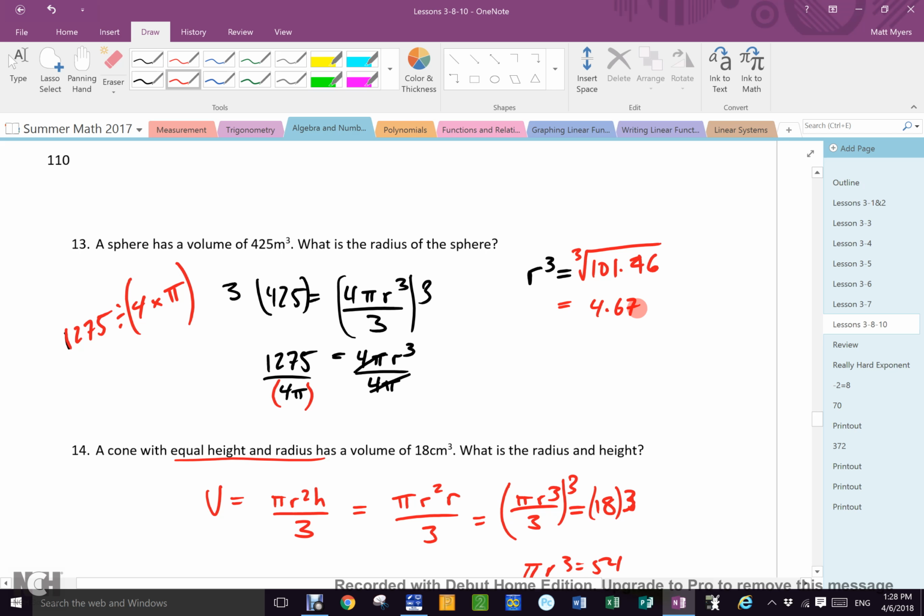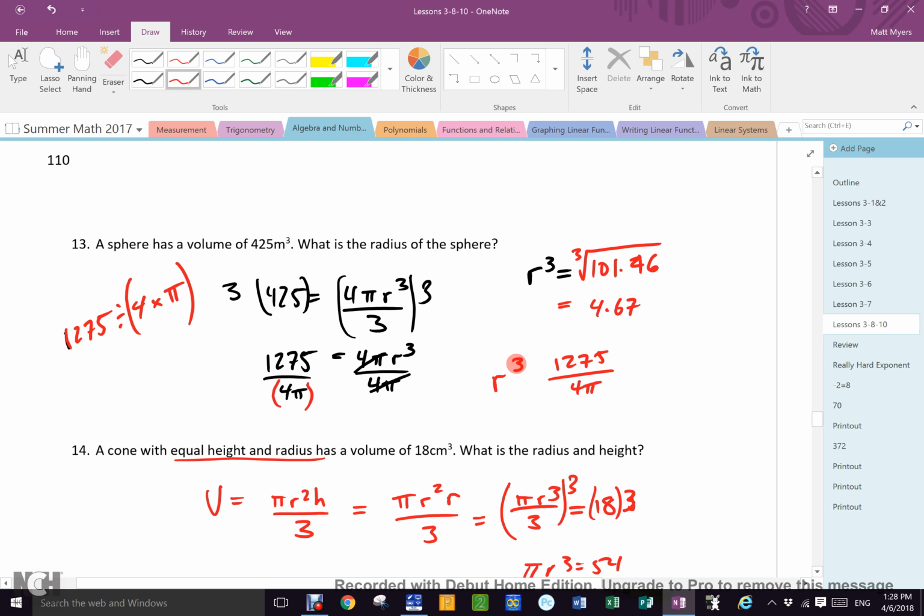But remember, as we go further in math, we want our answers to be exact, not an estimated decimal. So what we want from you in the future, when you get to this point right here, R cubed equals 1275 over 4 pi, from now on, this is your answer.